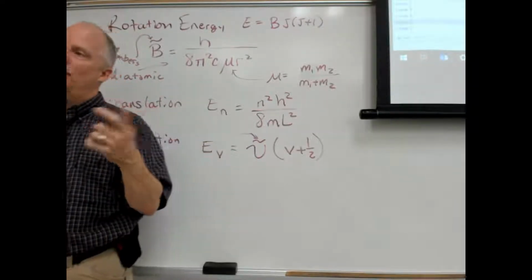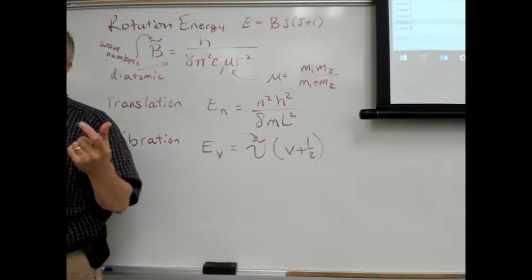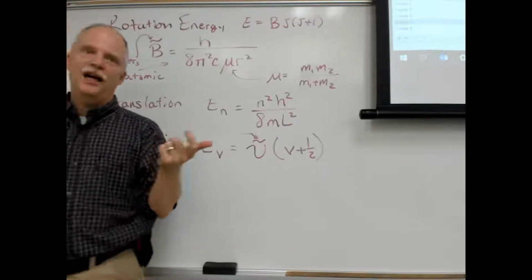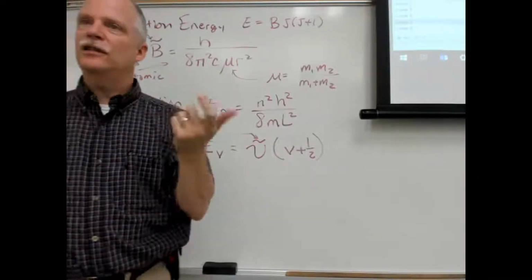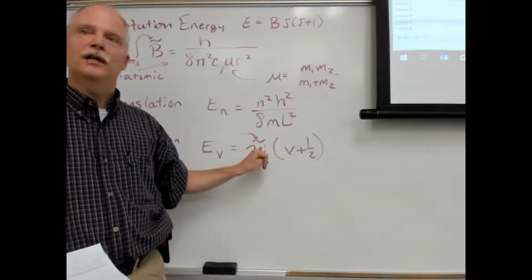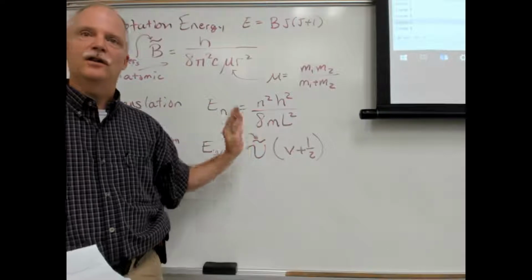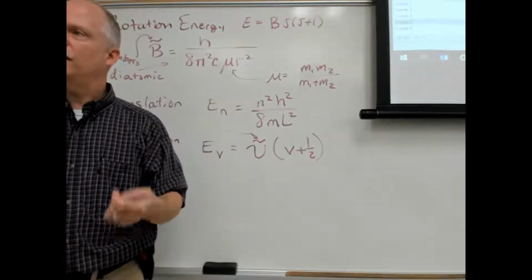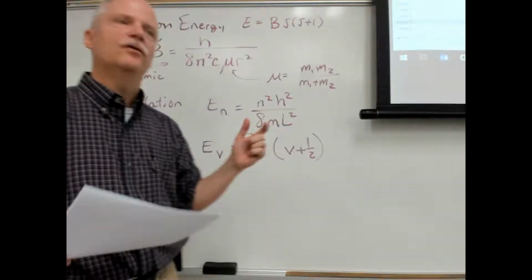In context, you should be able to figure it out, but if you're just looking at a character in text, sometimes it's difficult to tell the difference between a v and a nu. The tilde would help. If it's nu tilde, you'll know it's not the vibrational quantum number.